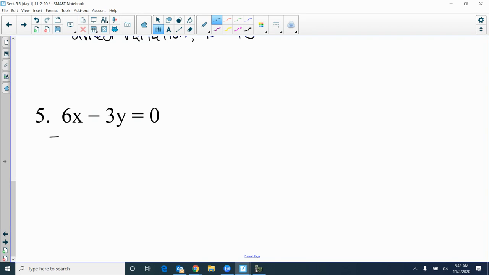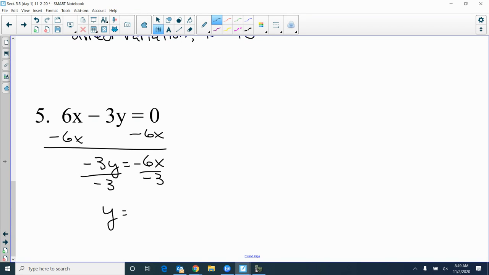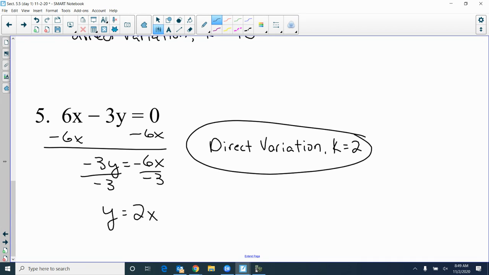Y equals 2x, because I'm going to subtract 6x, and you get negative 3y equals negative 6x. Now divide by negative 3, and you get y equals 2x. Yes, it is direct variation, and for this case, k equals 2.